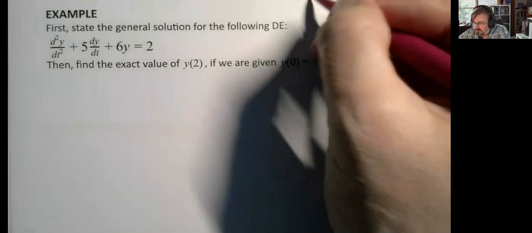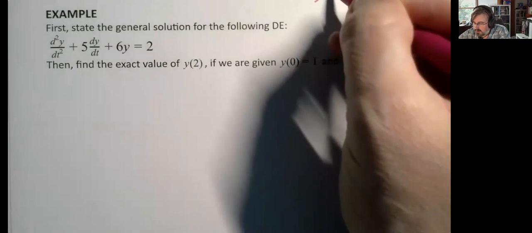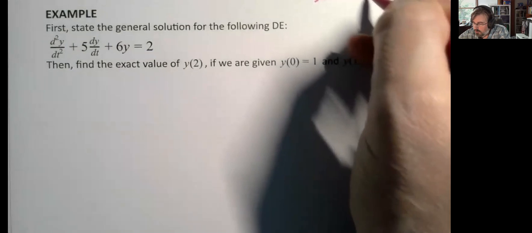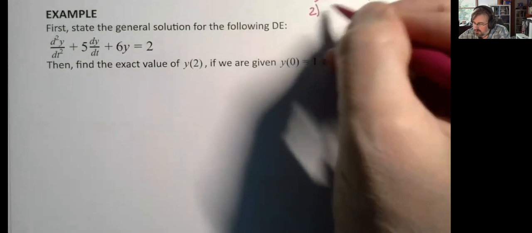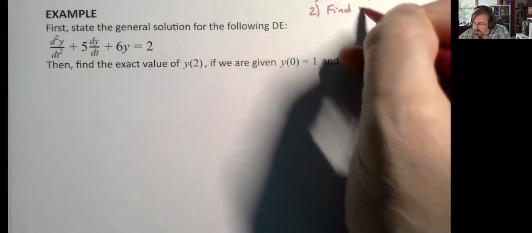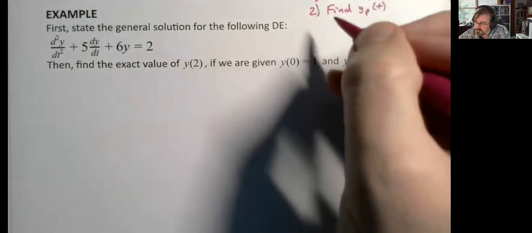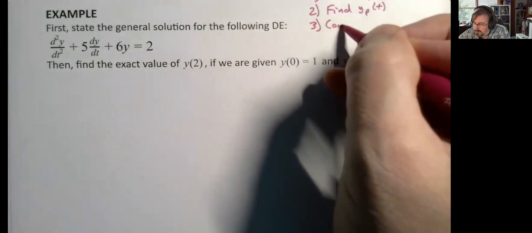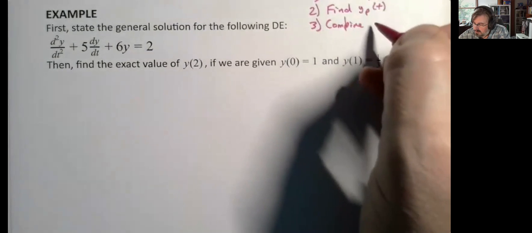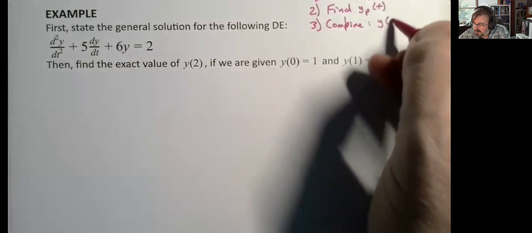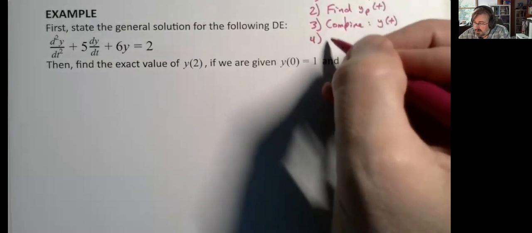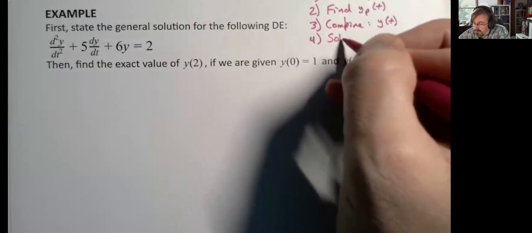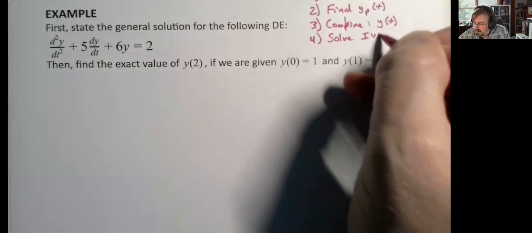So this one actually has part 1 is solve for y sub h. Step 2 is find your y sub p. Step 3 is to combine to get y of t. Step 4 is to find the particular solution, so solve the initial value problem.